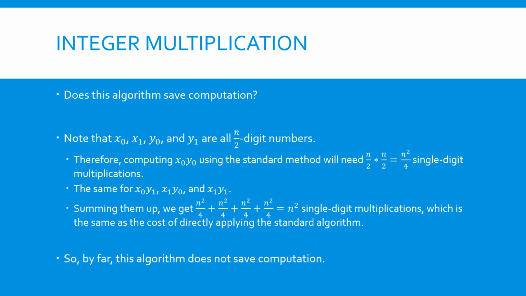Thus, computing the product x0 times y0 requires n over 2 times n over 2, or n squared over 4 single-digit multiplications. The same applies to the products x0 times y1, x1 times y0, and x1 times y1. Adding this up, the divide and conquer strategy also requires n squared single-digit multiplications, the same as the direct solution. Therefore, the naive divide and conquer approach does not save computation.